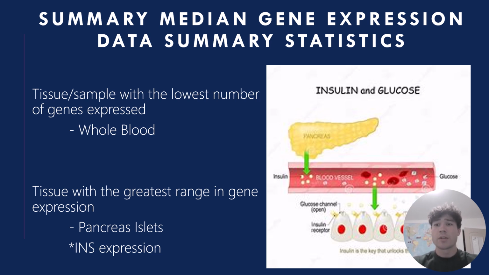And the tissue with the widest range of gene expression was actually a pancreas tissue. So again, you see pancreas showing up, driving variation. Based on this, I'd say that maybe the pancreas has a wide range of metabolic functions that it's in charge of, and maybe some highly specific functions as well.